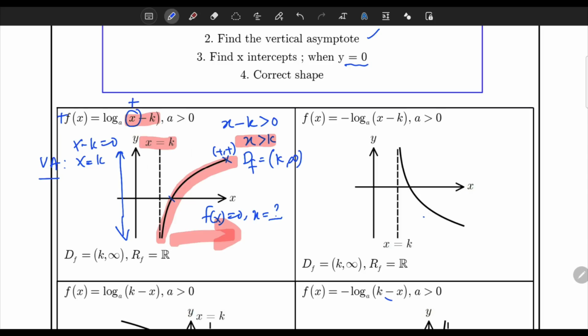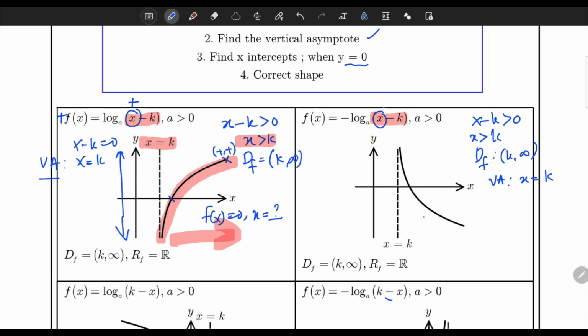Similarly, for this graph, inside the log you get x minus k greater than 0, so x greater than k. Again, this is your domain, k to infinity. So your vertical asymptote will be x equals k.